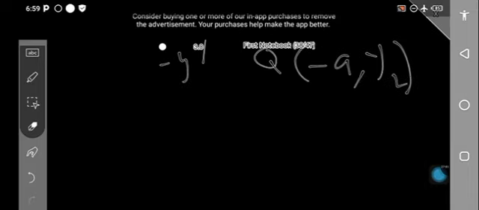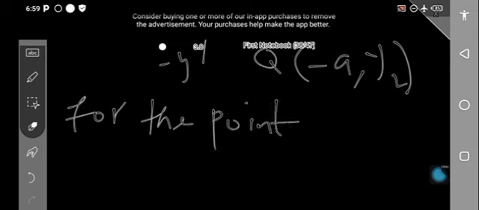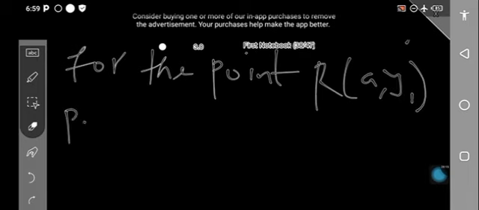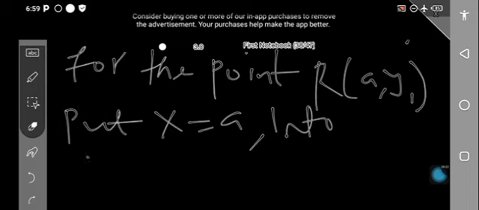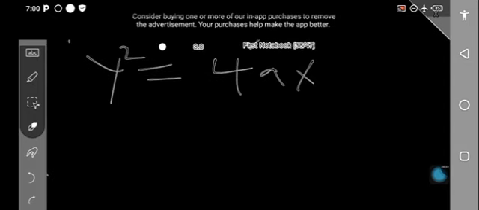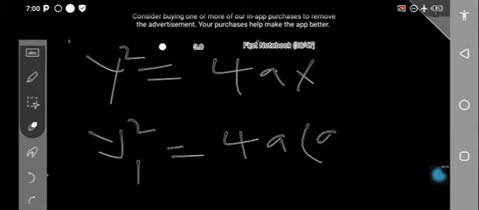So for the point R, (a, y1), we're going to put x equals a into y squared equals 4ax, which is the equation of the parabola. Substituting, we have y1 squared equals 4a multiplied by a.